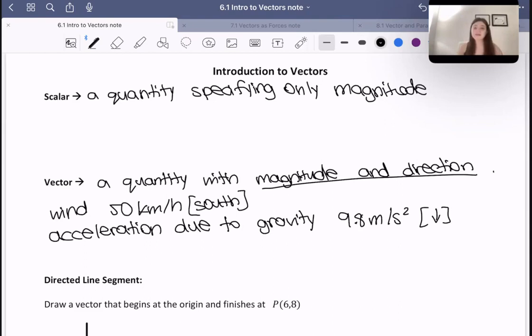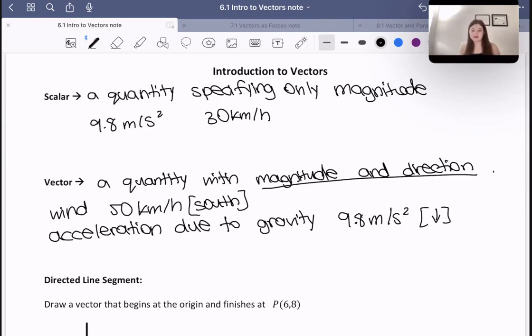For example, 9.8 meters per second squared without the direction. This is just a scalar. What about 30 kilometers an hour? Same thing. If I don't know what direction we're going, that's just a scalar. That's not actually a vector.